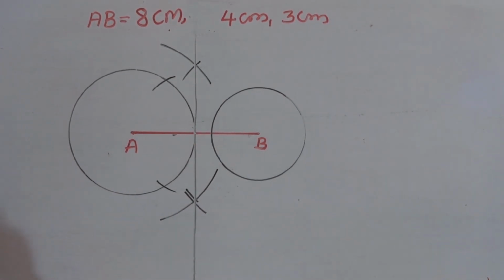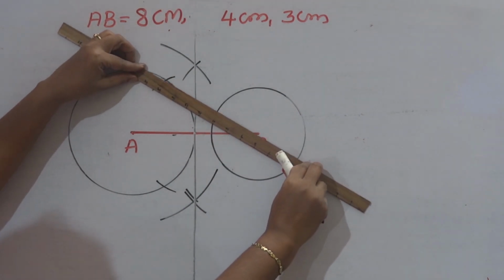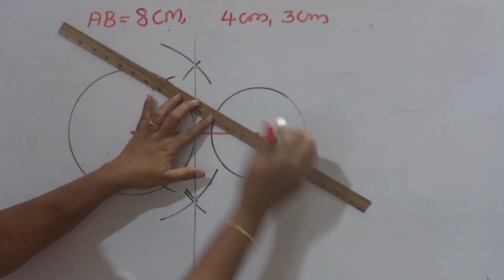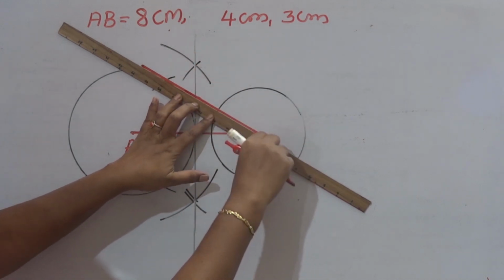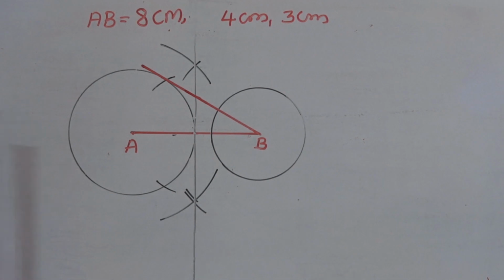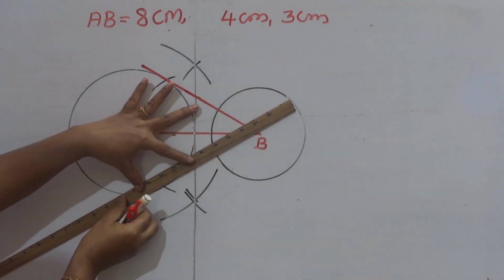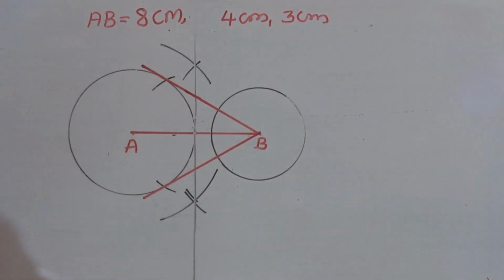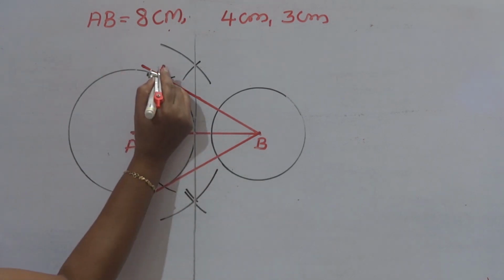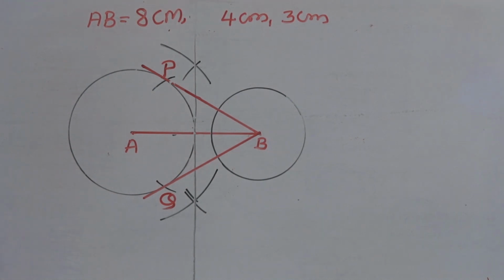Now we have to join these two arcs with B. Joining the arcs and the point B will give us tangents to the circle of center A. Let us name these two tangents P and Q.